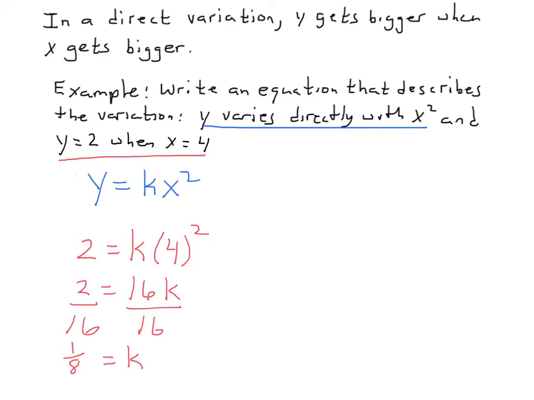Divide by 16, and I get k equals 1/8. That then means that the equation that models this direct variation is y equals 1/8 x squared. That would be our final answer on this particular problem, because we did have information about one point that was true, that y was 2 when x was 4.